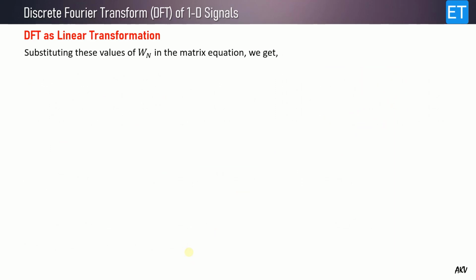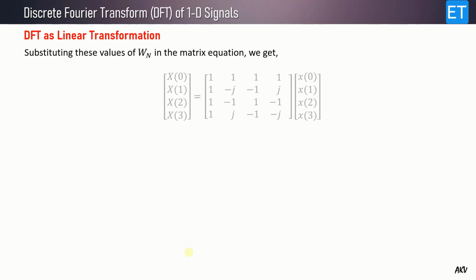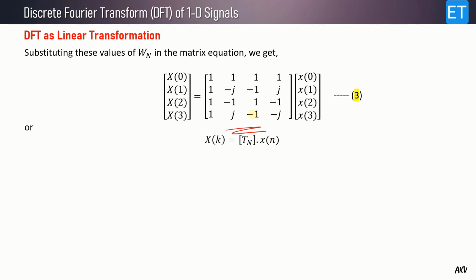So now substituting these values of W_n in that matrix, we get finally this matrix equation, right? So we have computed all those values and we have put them here. This is equation 3, which will be used to find the 4-point DFT of any sequence. You just substitute your sequence values here, you will be able to find your DFT coefficients very easily.